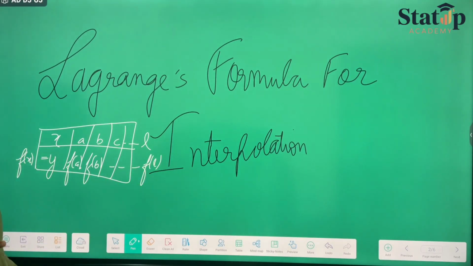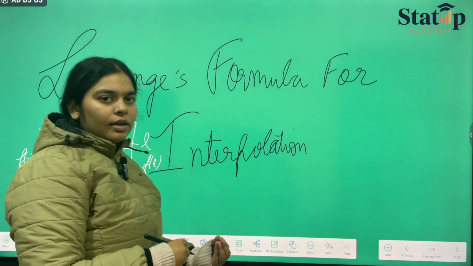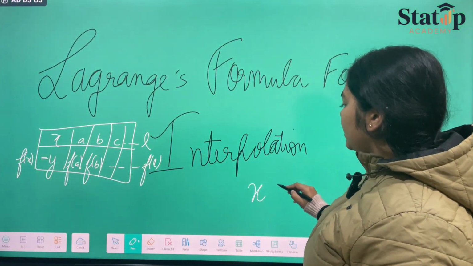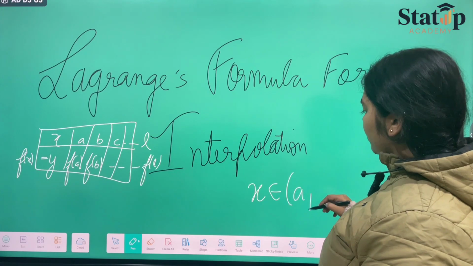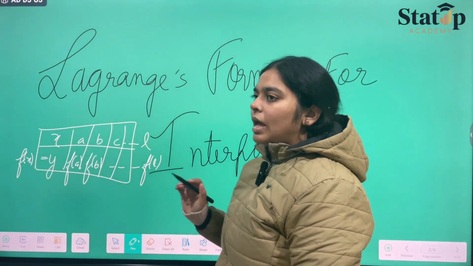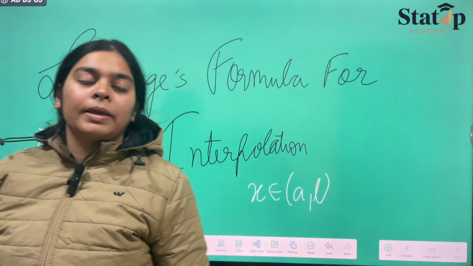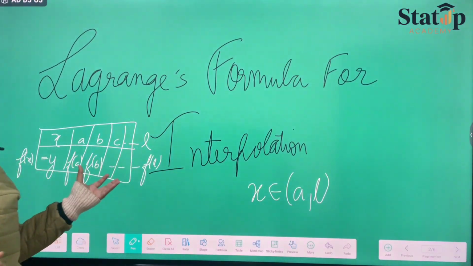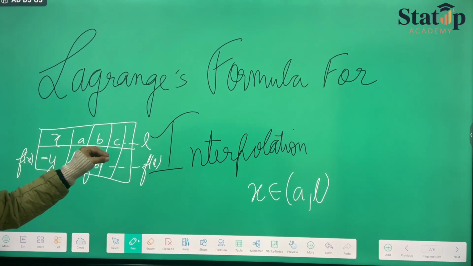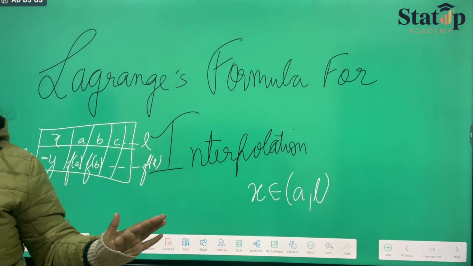And we have to find the value at some x which might lie in between a to l, or might lie outside of a to l. That x is a point in this variable function only, but it might lie between them or outside of this range.